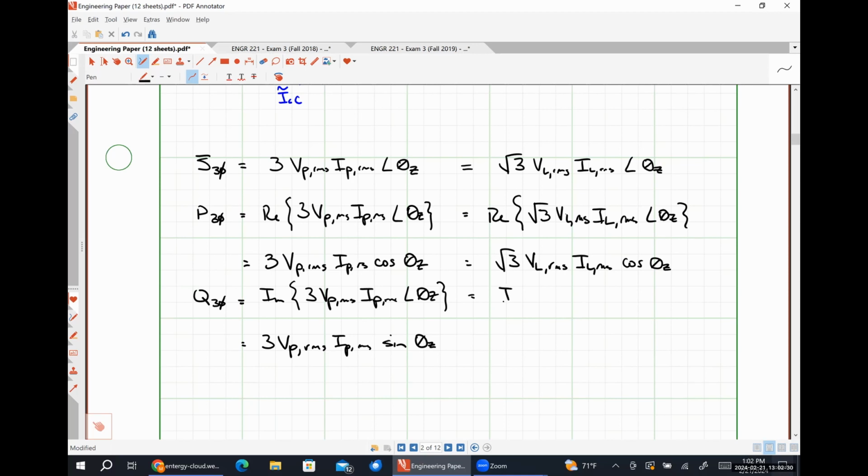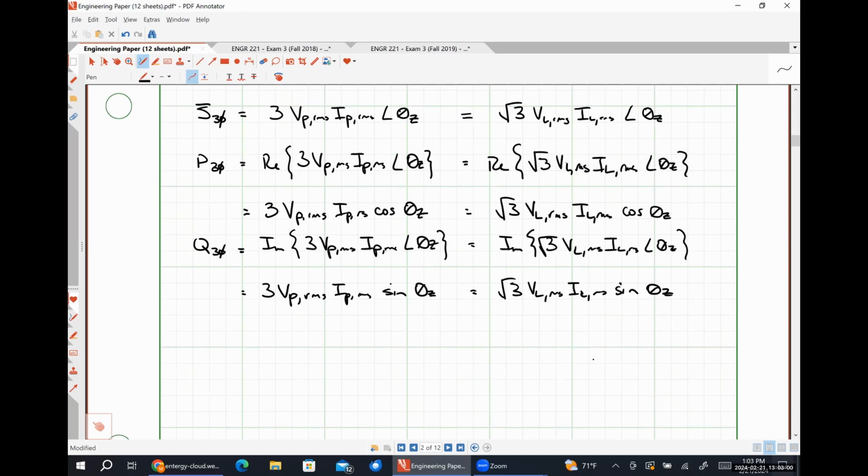And here we'd have the imaginary part of √3 VL IL angle theta z, which just comes out to be √3 VL IL sine theta z.